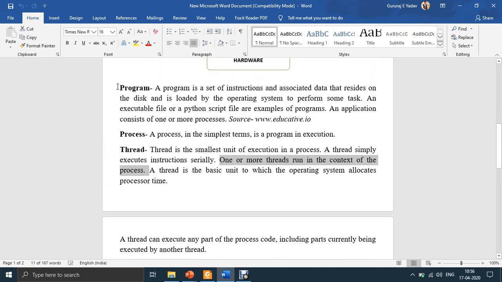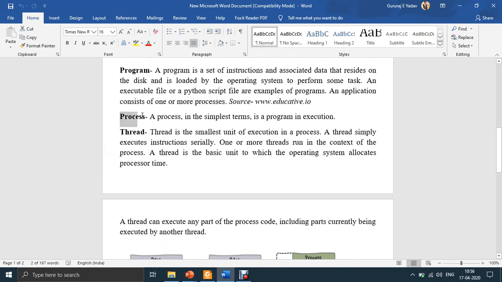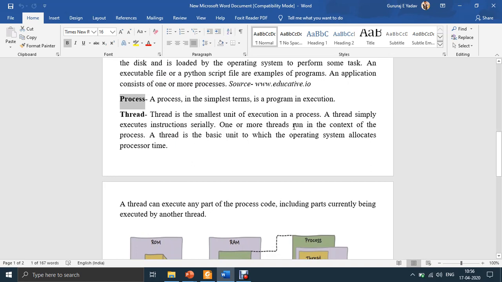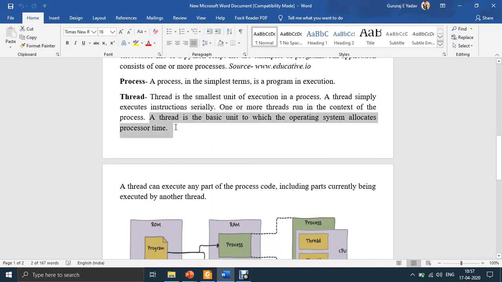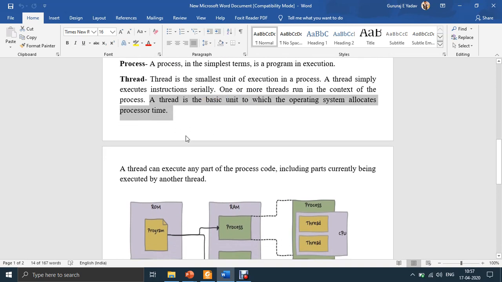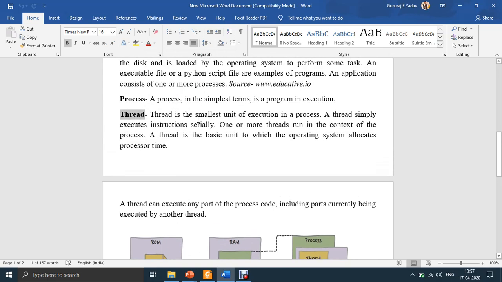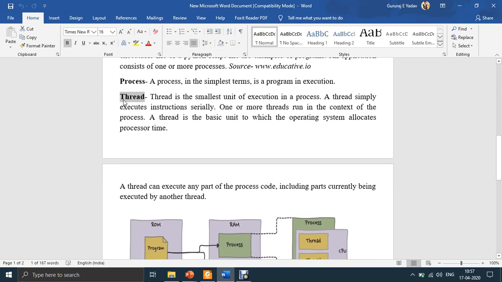See the organization: a program can have multiple processes, and a process can have multiple threads. A thread is the basic unit to which the operating system allocates processor time. Whenever you say a processor is giving time to some instructions, it is nothing but a thread. So we do the operations at thread level, not at process level or program level. We deal with threads.